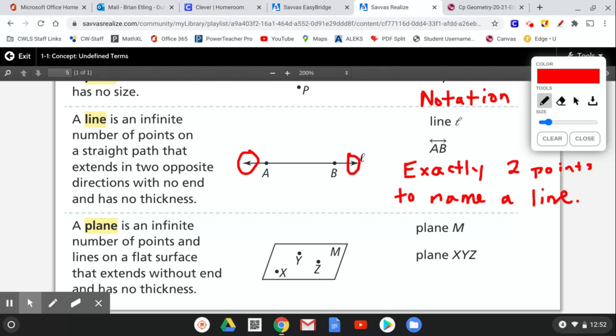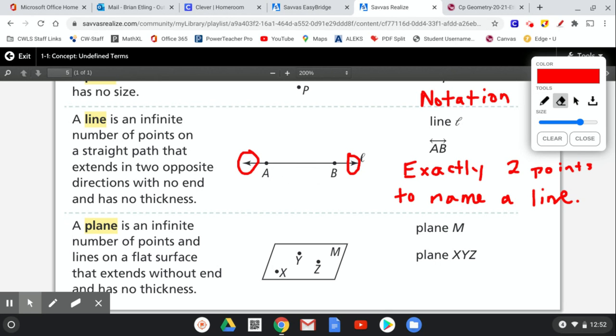You don't need three, don't need one, don't need four, just two. There may be more points on this line. We call them collinear points. There might be C, D, E, whatever. It doesn't matter. You only need to pick two, and that goes for every single time you're naming a line.